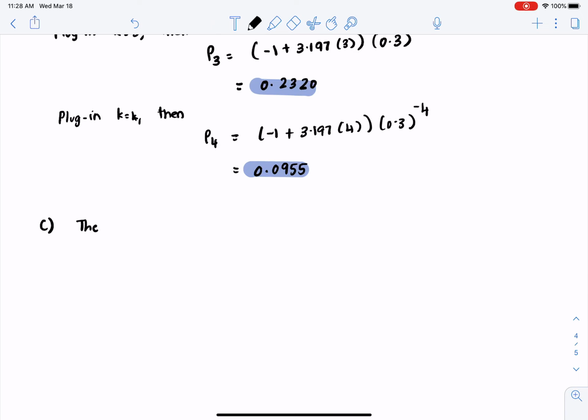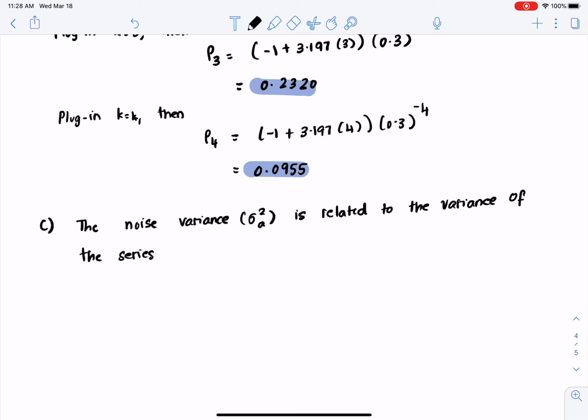The variance of the noise is related to the variance of the series, which is sigma squared x.